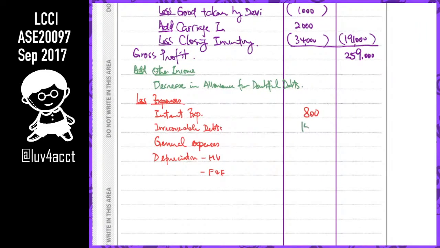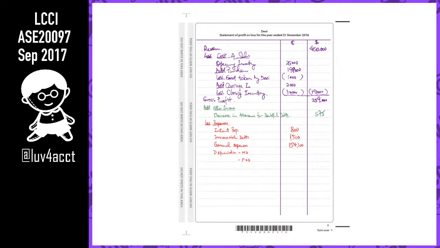Irrecoverable debt, 1,500. Decrease 575. The general expenses after the adjustment, 154,300. And then the two depreciation.